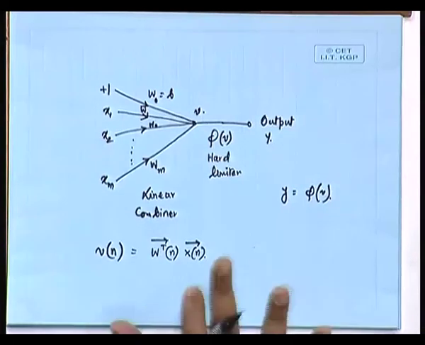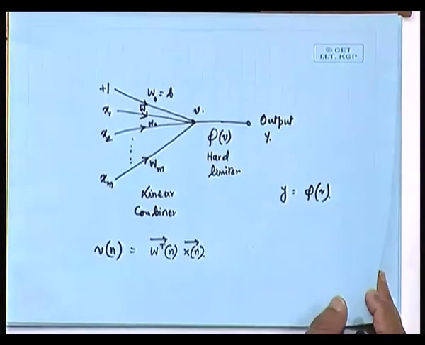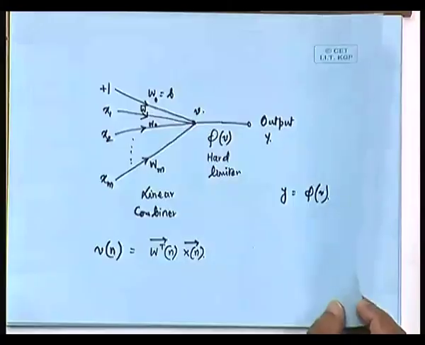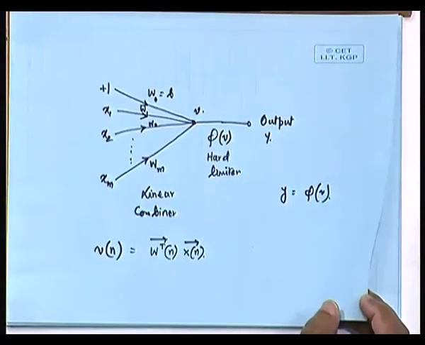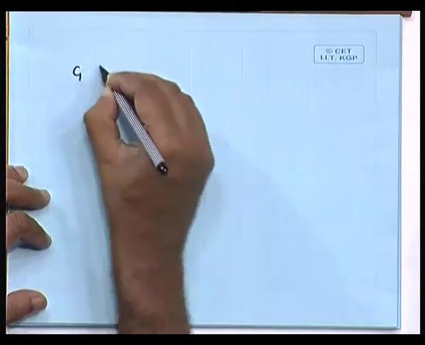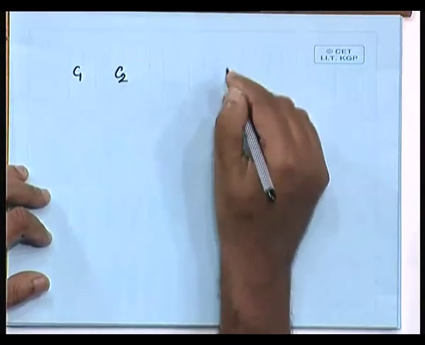Now this being the simplest kind of architecture that we consider, we now attempt to solve a pattern classification problem, and let's say that we are solving a two-class problem, in which case we have two classes C1 and C2.